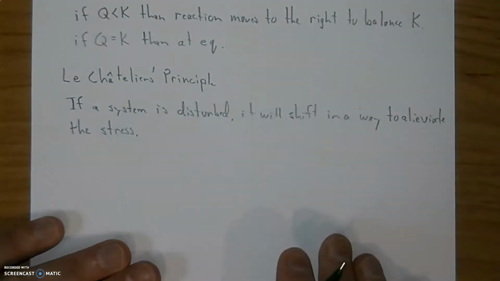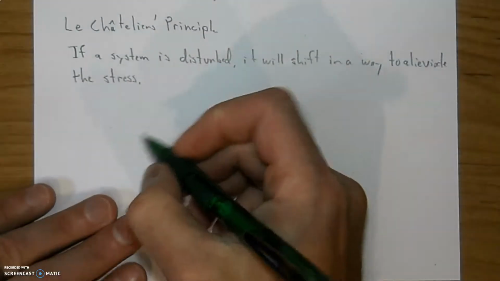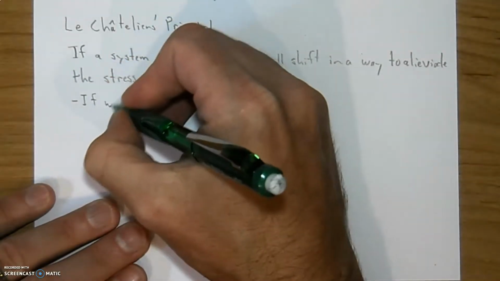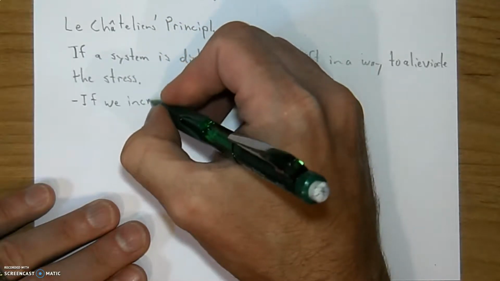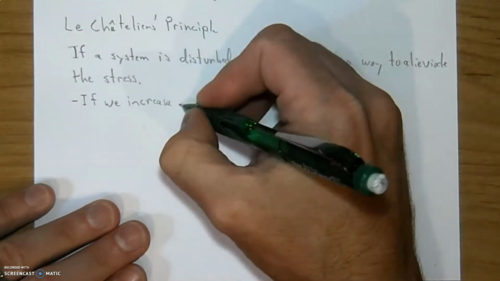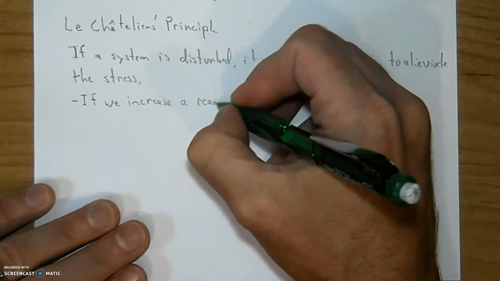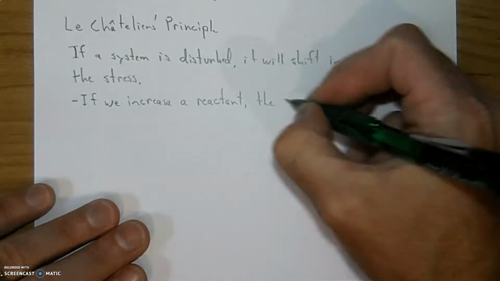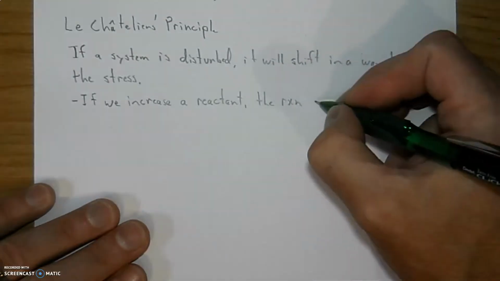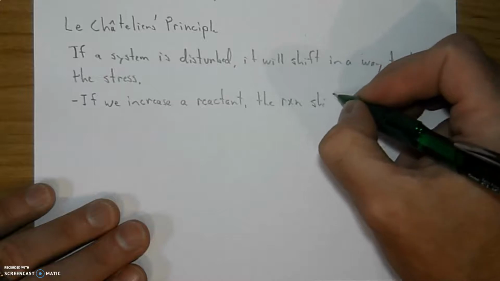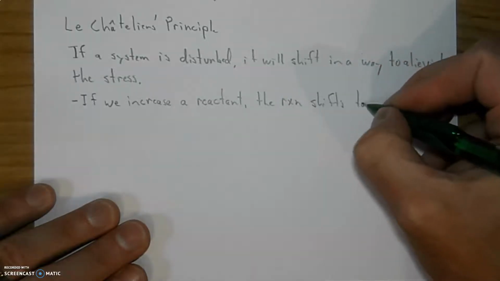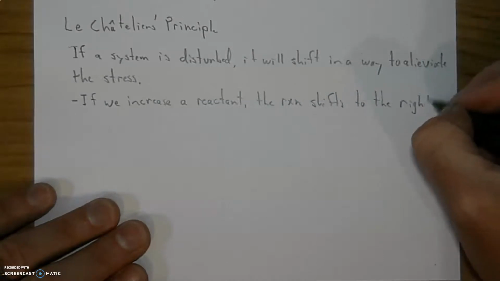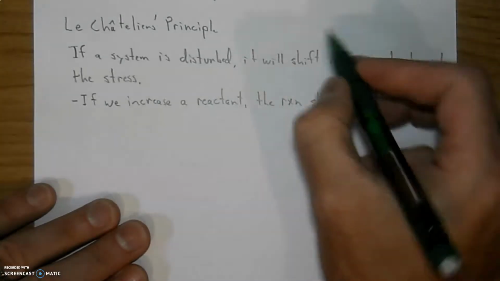So let's look at a couple examples. If we increase a reactant, the reaction shifts to the right. So again, think of it kind of like a teeter-totter.